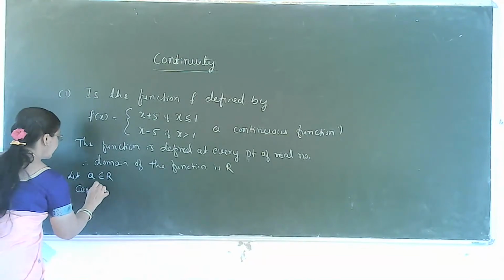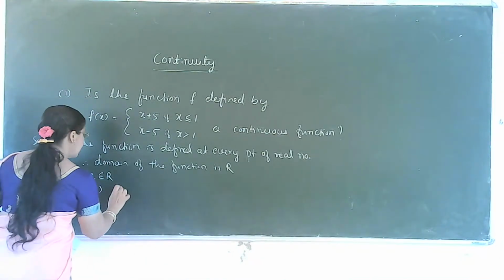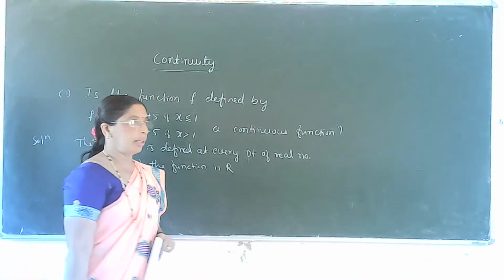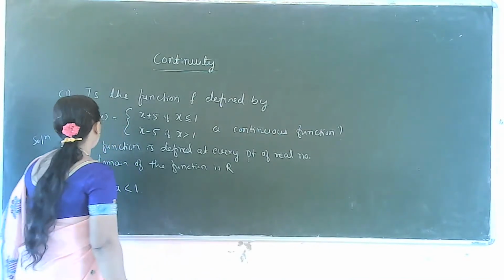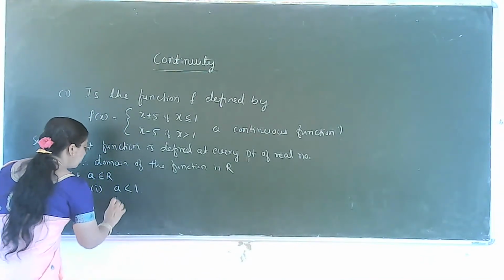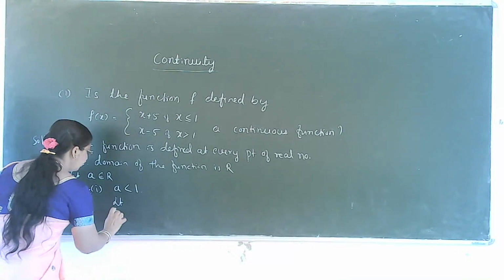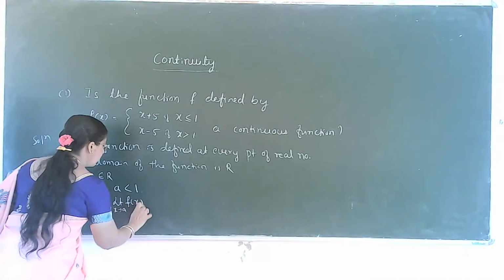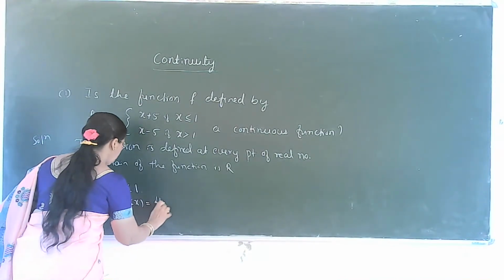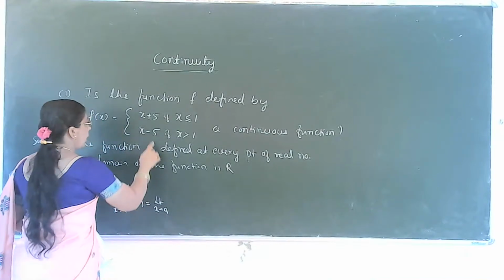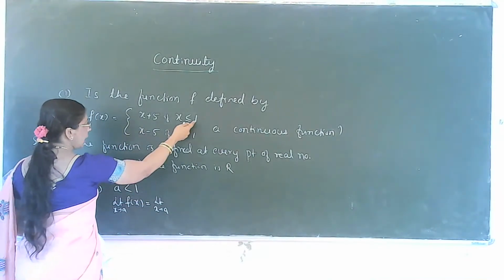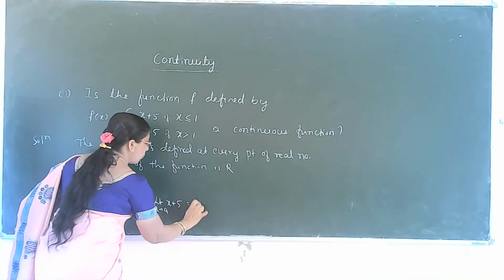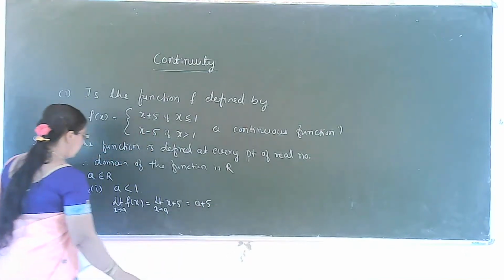Then case 1, a is less than 1. The number a is less than 1. We check the limit of the function. Limit of x tends to a, f of x, which is equal to limit of x tends to a. f of x, for x less than 1, becomes x plus 5, which is equal to a plus 5.